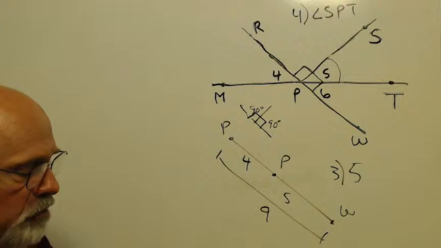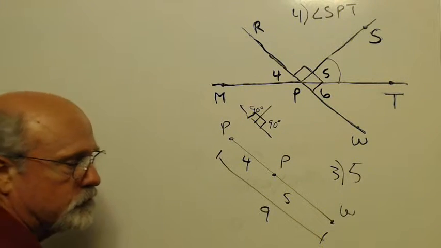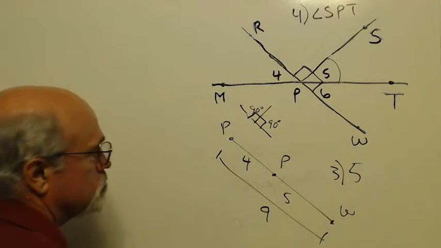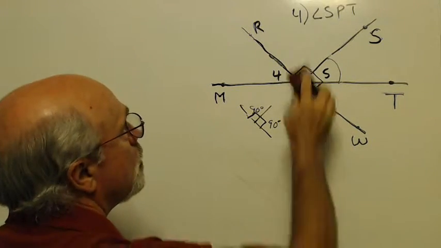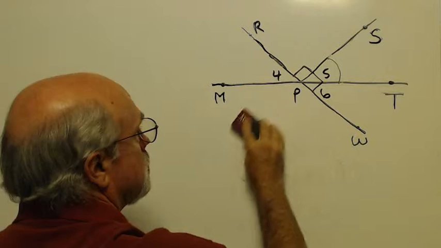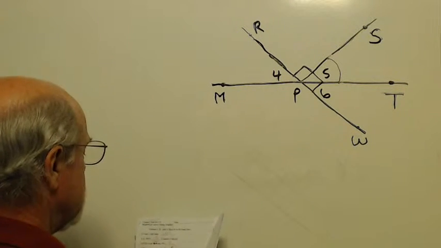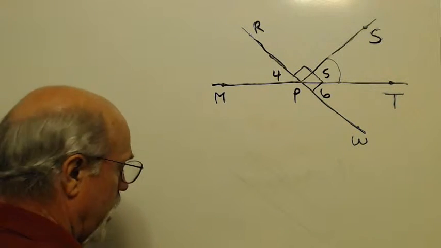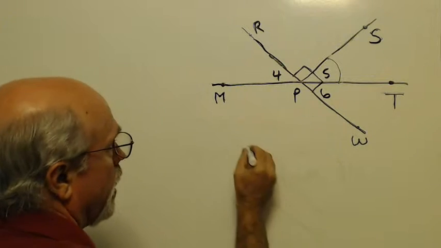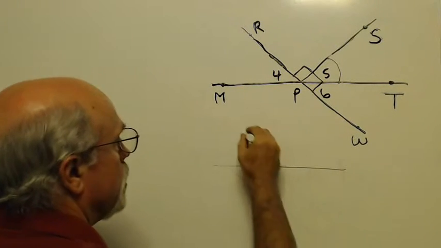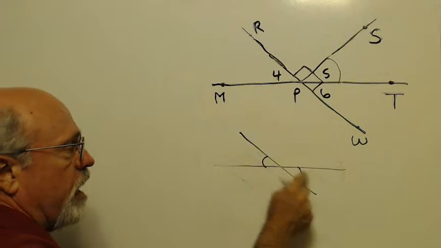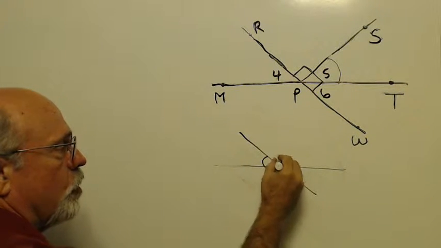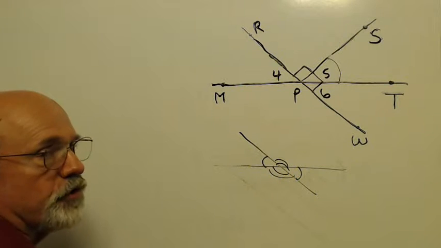Okay, problem number 5. Problem 5 says angle 6 and what angle form a pair of vertical angles? Well, vertical angles occur where two lines completely cross. They are the angles across from each other. So that pair would be a pair of vertical angles, or this pair with 2 marks here is a pair of vertical angles.